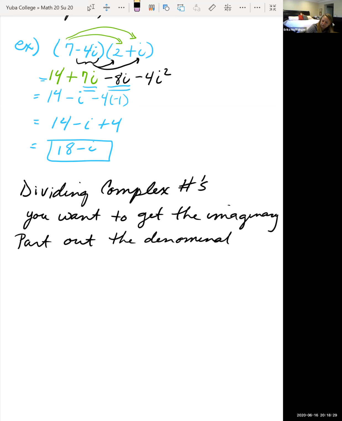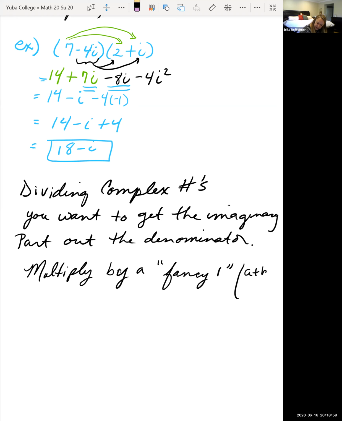And so you're going to multiply by 1, but a fancy one, which is equal to, let's say a plus bi over, actually let's do a minus bi, all over a minus bi, where a minus bi is the conjugate of the denominator.